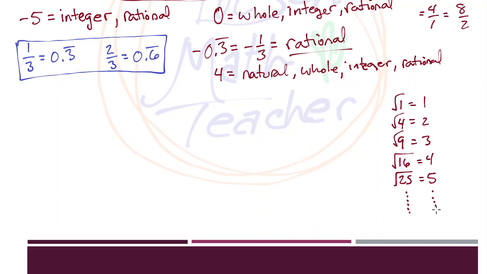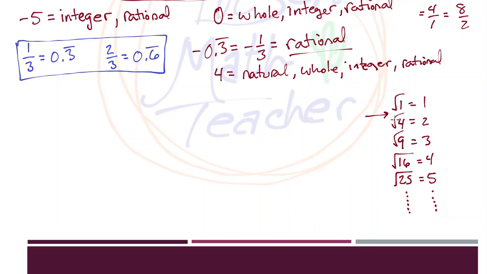You could spend all day writing a list going as big as you want. But these numbers here on the left, 1, 4, 9, 16, 25, and so on, are called perfect squares. And the square roots of the perfect squares are 1, 2, 3, 4, 5, 6, 7, and so on. Which means that in between these numbers, we have other numbers, right?